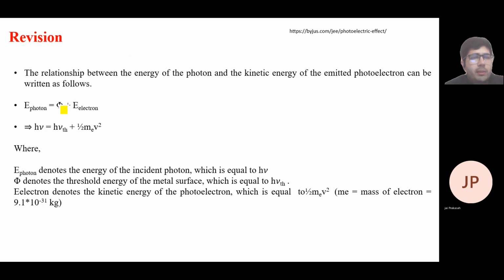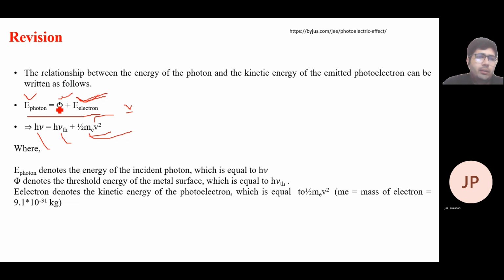The relationship between the energy of the photon and the kinetic energy of the emitted photoelectron can be written as follows. In simple words, the energy of the photon is phi plus the energy of the electron. The photon energy is h nu, equal to phi plus the kinetic energy of the electron, half m_e v square, where v is the velocity of the electron and m_e is its mass.